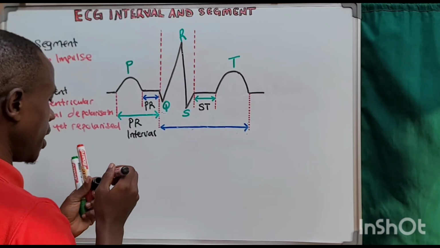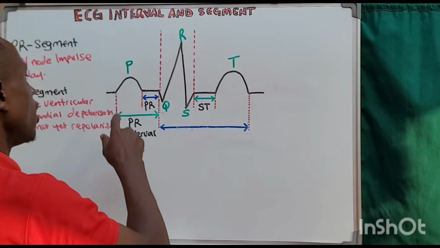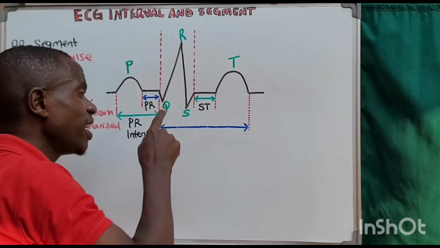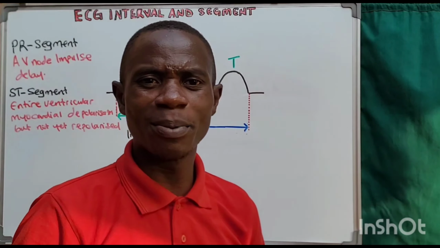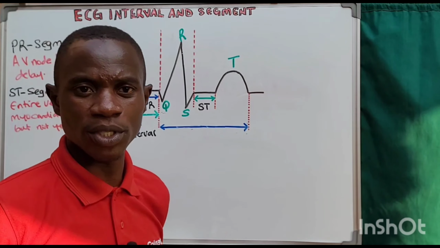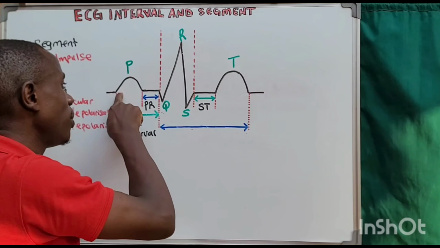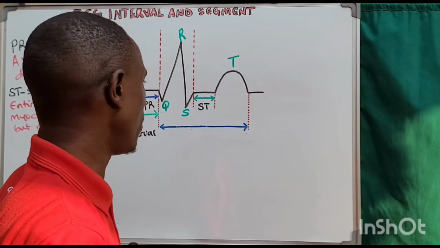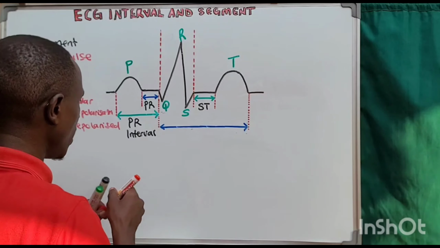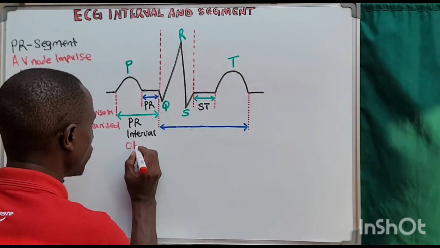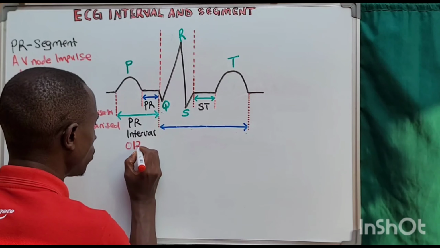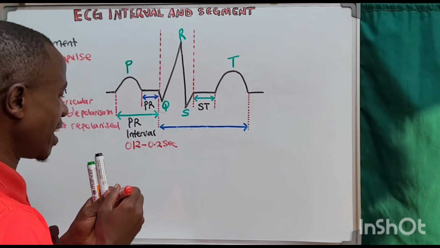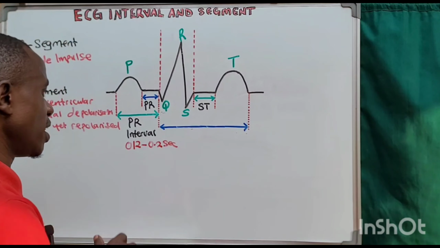It denotes the period from the beginning of atrial depolarization to the beginning of ventricular depolarization. On average, this takes approximately 0.12 to approximately 0.2 seconds. That's the time period we expect this interval to take.